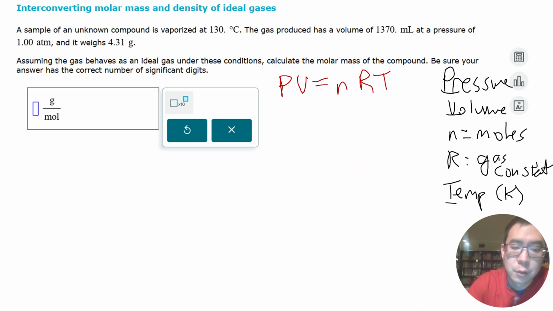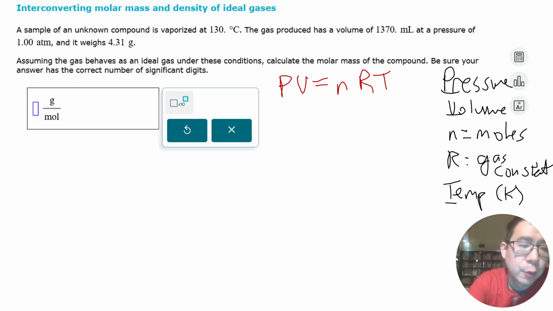It gives us a pressure, 1 atmosphere. The ideal gas constant we look up in a table, so we always know that. And so what we need to solve for then is moles. The question doesn't ask for moles, it asks for molar mass.